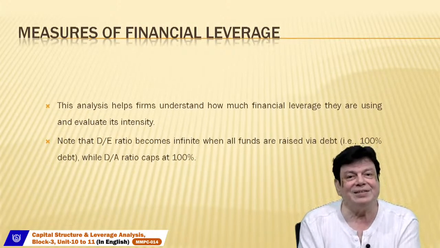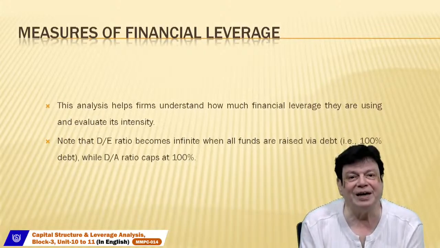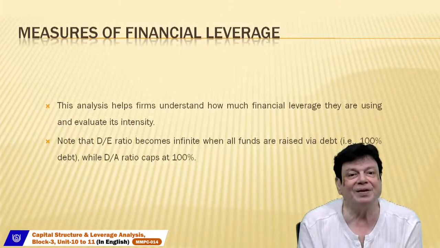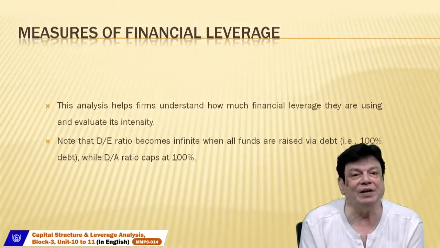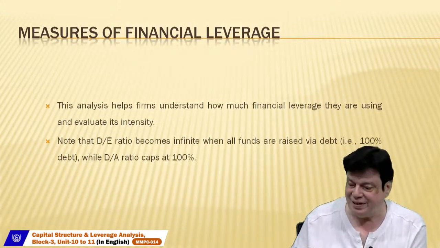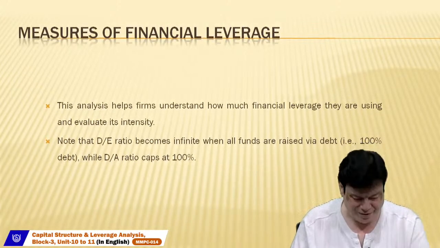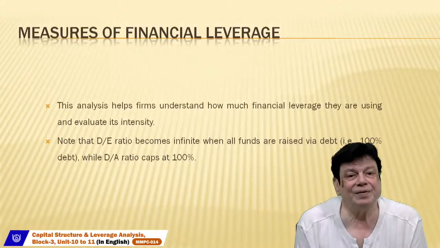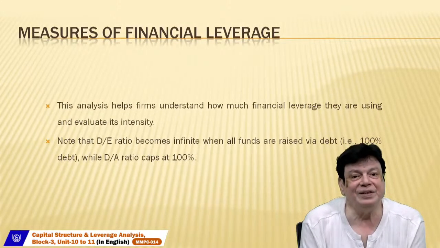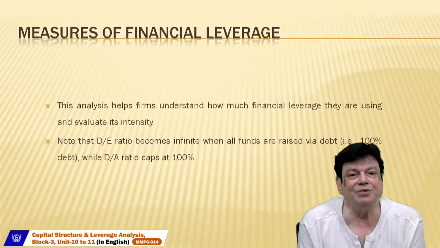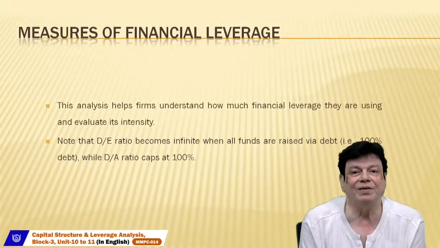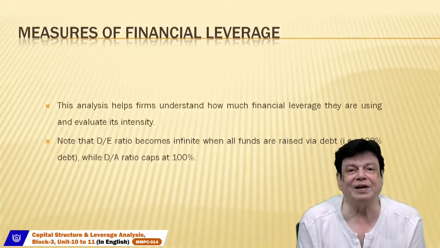This analysis helps firms understand how much financial leverage they are using and evaluate its intensity. Note that the D/E ratio becomes infinite when all funds are raised via debt.